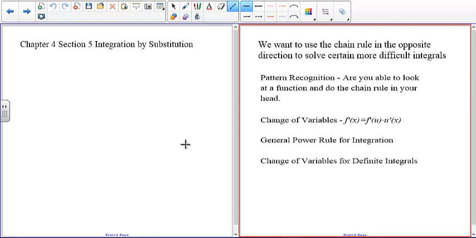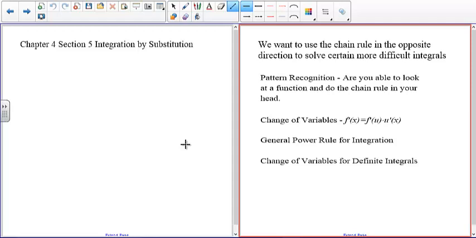So first thing we're going to do is just to look at some integrals and try to identify how we define the change in variables. Which part do we choose as, or we're going to call it u, kind of like we did with the chain rule. We had f of u and u of x.